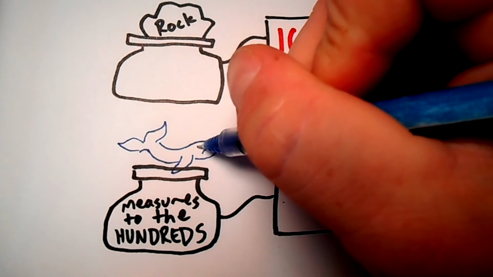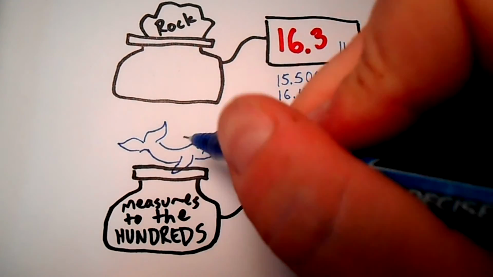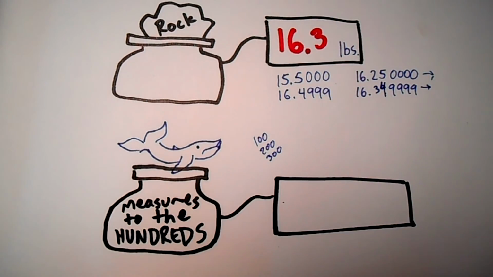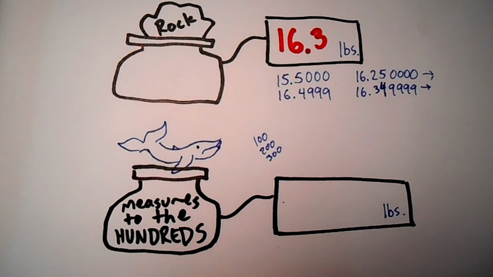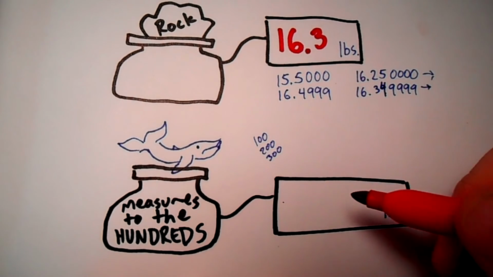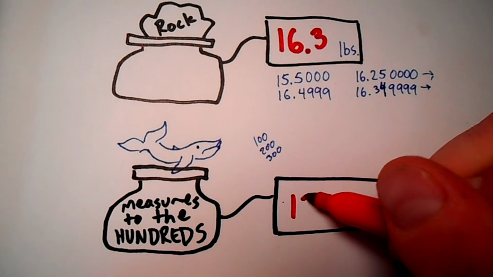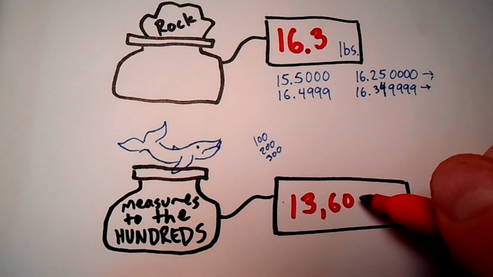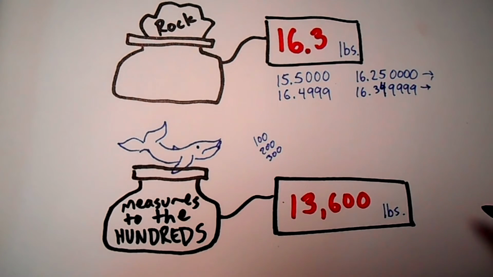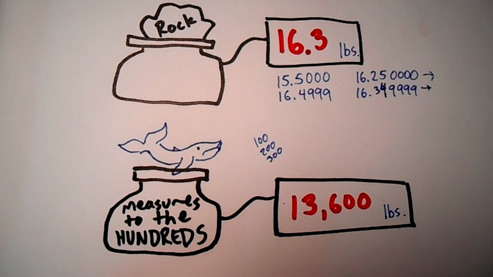I have no idea what the actual mass is of a blue whale, but let's just work with me here, guys. So let's say that it measures out to the hundreds place. We put it on the scale, and it calls it 13,600 pounds. Sorry if that's not a realistic number, but we're just going with it here. So with this value, it measures to the hundreds place. That's what it can report to.